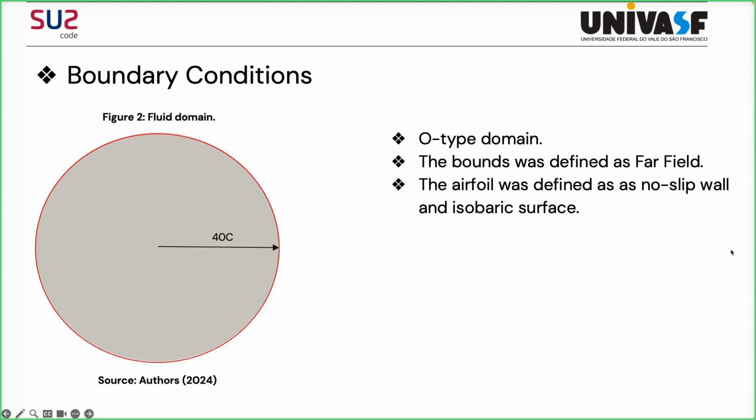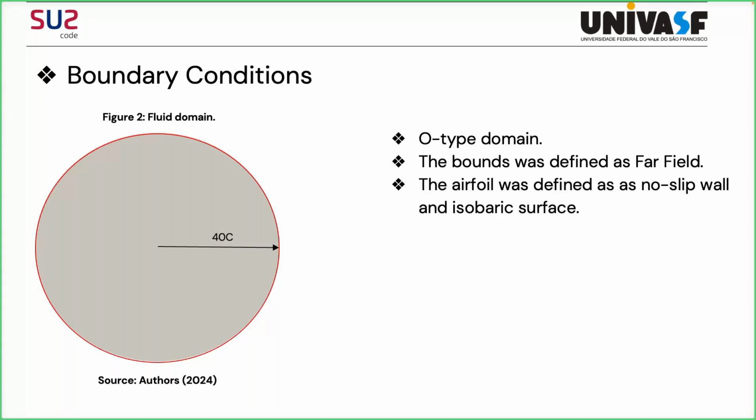The domain geometry was configured as an O-type domain with a radius of 40 times the chord. This domain size was reduced based on aerodynamic coefficient variation, reducing it until the value of the coefficients started to diverge. The bounds were configured with a far-field boundary condition, minimizing the flow recirculation and pressure influence far from the airfoil, favoring the analysis convergence.